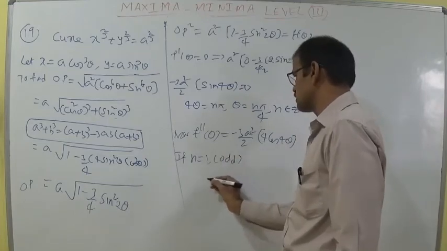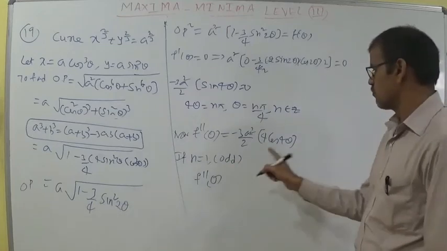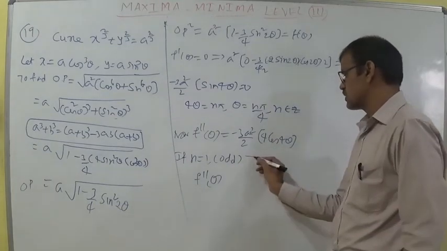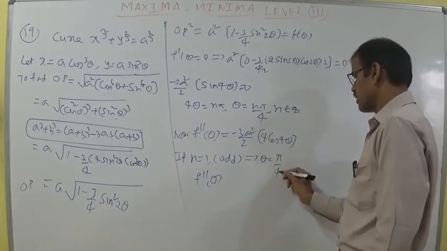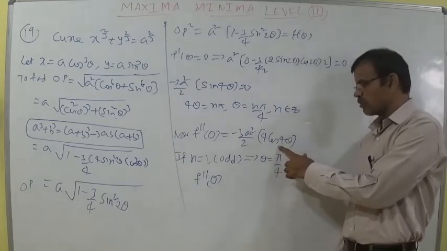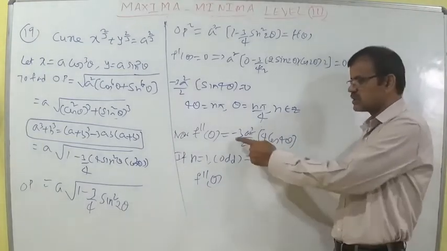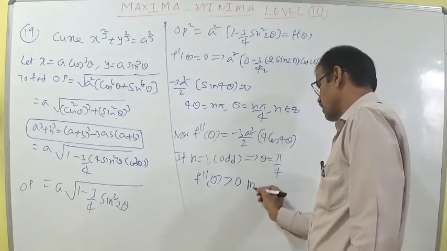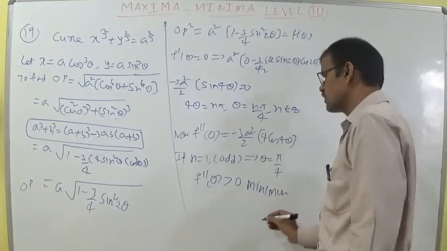In the odd case, f double dash theta, with theta equal to pi by 4: 4 theta becomes pi, and cos pi is minus 1, minus into minus is plus, so f double dash theta is greater than 0. Whenever it is greater than 0, it is a minimum.